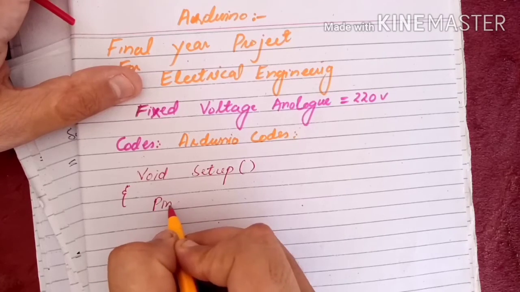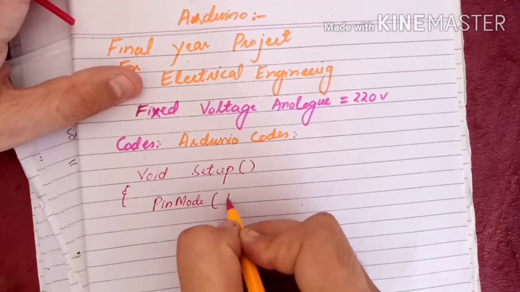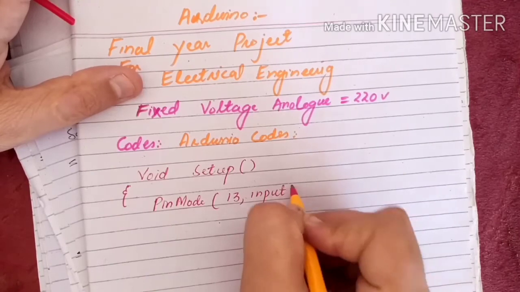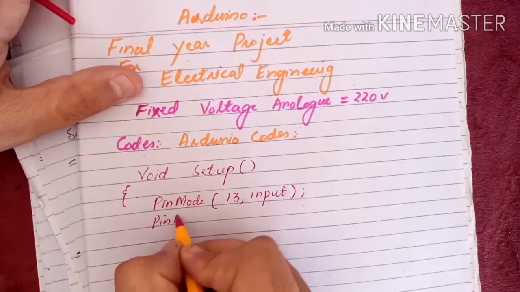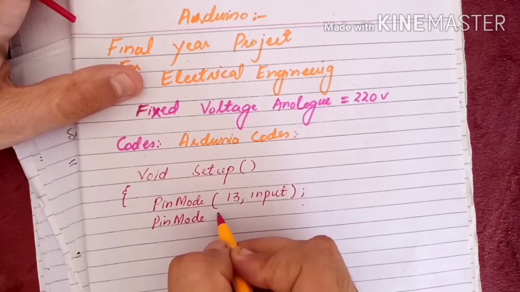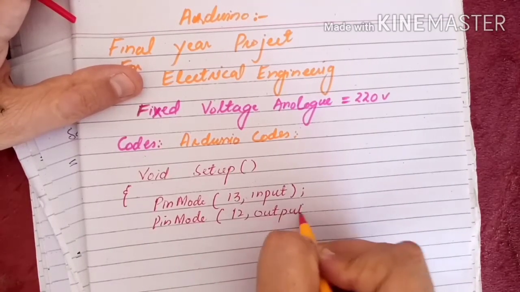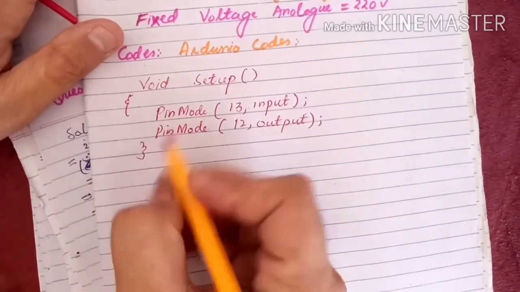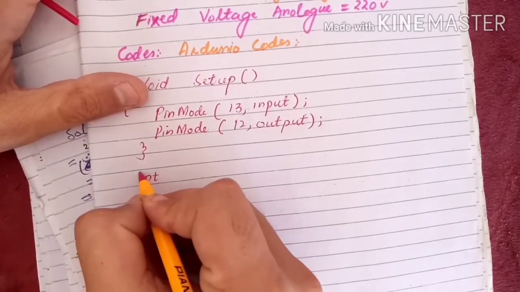For example, pinMode 13 is defined as an input, meaning the pin in the circuit is connected as an input, so when voltage is coming in, it will be detected. Similarly, pin 12 is for output. You can connect according to your choice as well; if you have a choice other than 12 and 13, you can. I have just supposed to take 12 and 13. Don't worry about that.